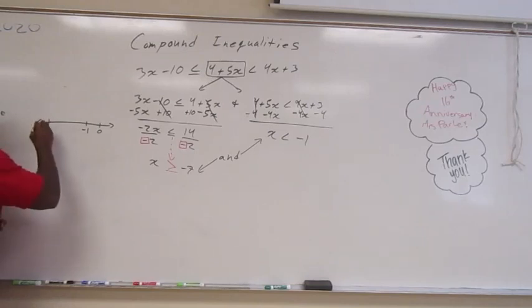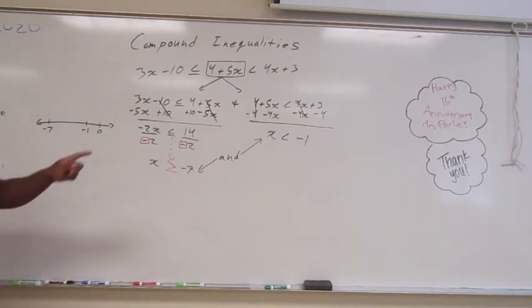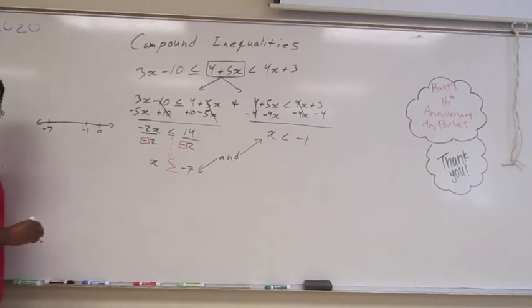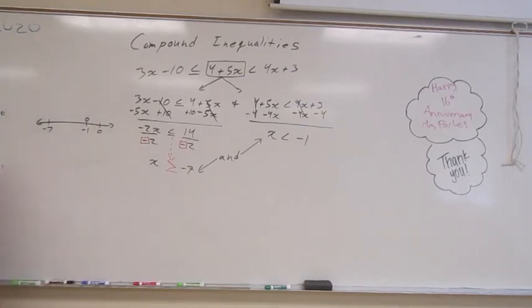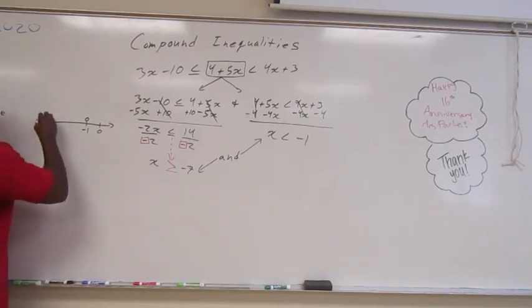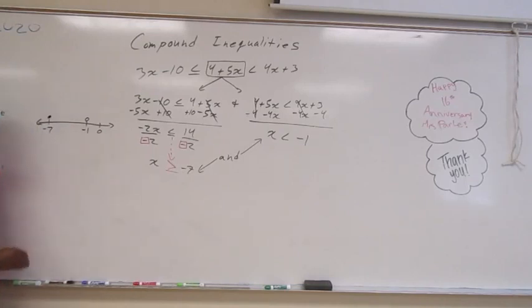I'm going to put my negative 7 right here, okay? What kind of circle is over the negative 1? Open. Yes. What kind of circle is over the negative 7? Closed. Where do they meet? In the middle.